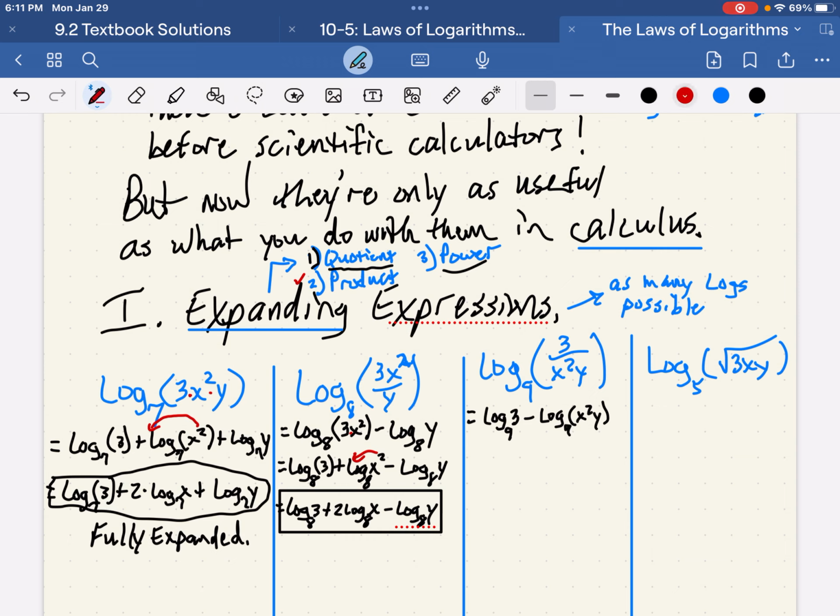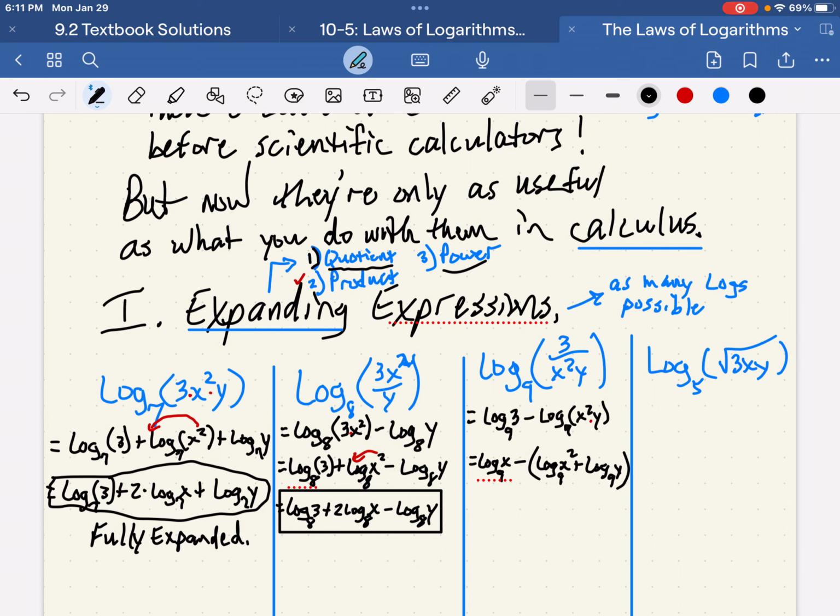I'm now going to apply the product rule to the x squared times y. So this is equal to log base 9 of 3 minus, and you must do this, the quantity log base 9 of x squared plus log base 9 of y. You must put that in parentheses to signify that that entire product had been in the denominator.